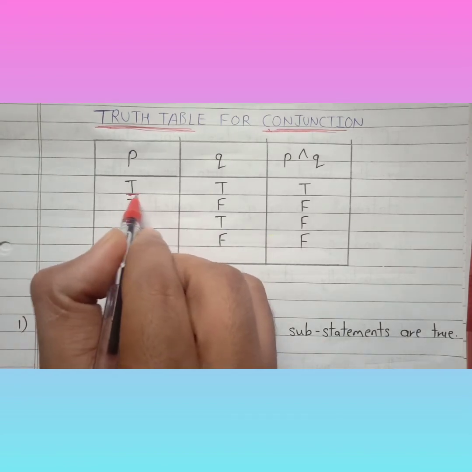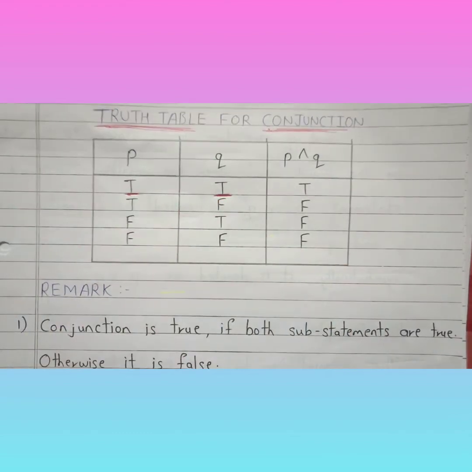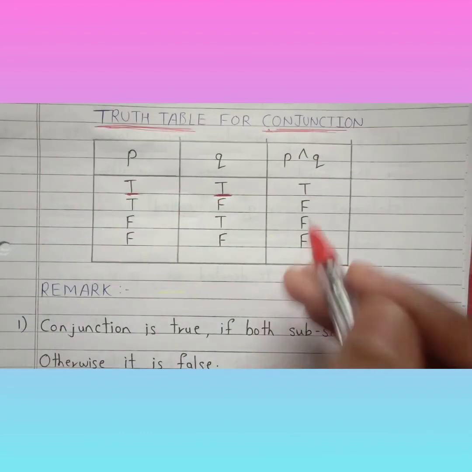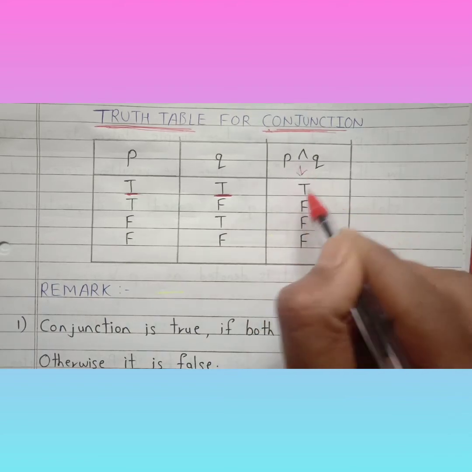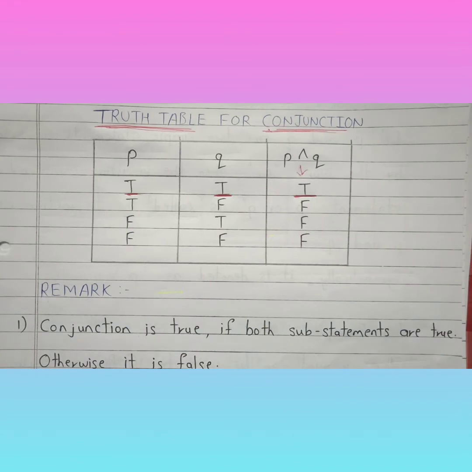Suppose both the statements are true. So P is true and Q is true. If both statements are true, then P and Q becomes a true statement. But if at least one of them becomes false, then the statement becomes false.